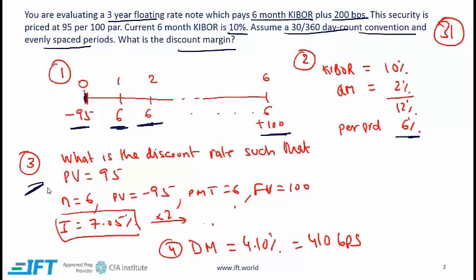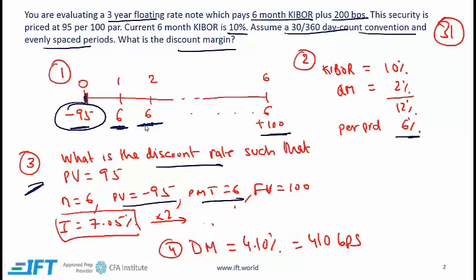Step 3 is computing the discount rate such that the present value of all these cash flows equals 95. And here, rather than use the long-winded method given in the curriculum, you should use the calculator. Note that N is 6 because we have 6 periods. PV is minus 95. That's the price of the bond at time 0.